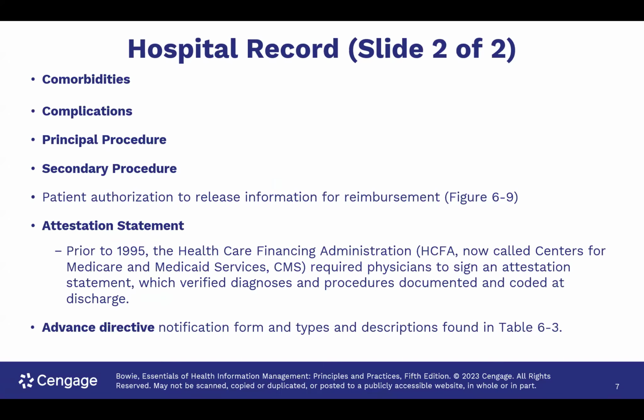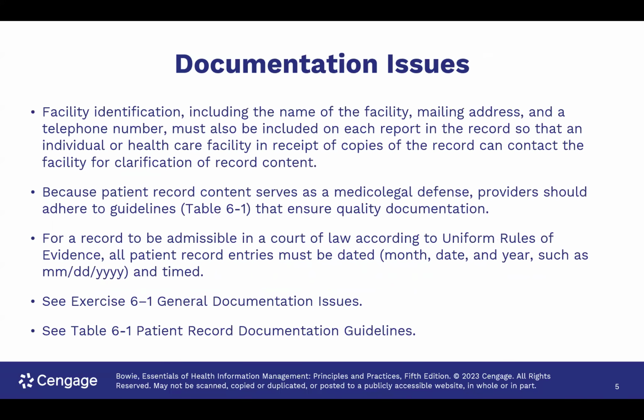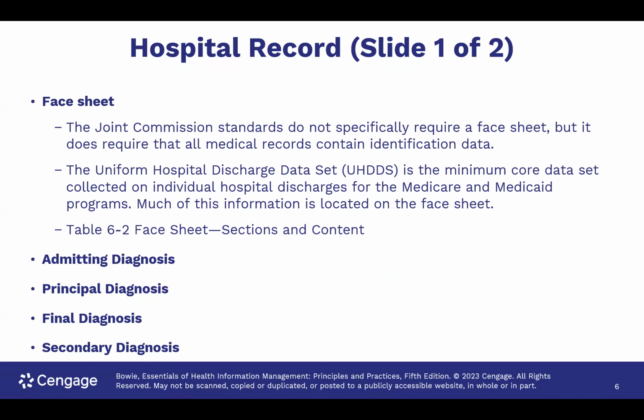They'll discuss comorbidities, complications, the principal procedure, the secondary procedure, and the patient's authorization to release information for reimbursement, and an attestation statement, which means that it verifies that all the diagnoses and procedures that were documented in coding are legitimate. They'll include advanced directives, which we'll get into a little bit later. And again, some of these things you will see again and again and again.